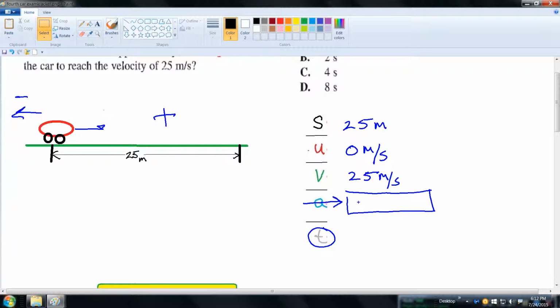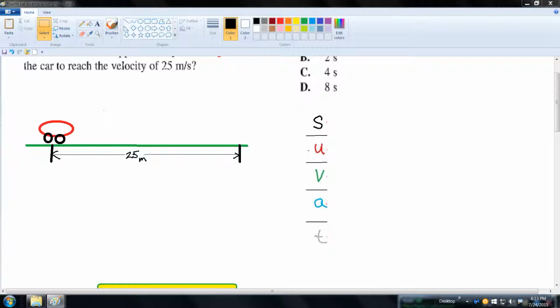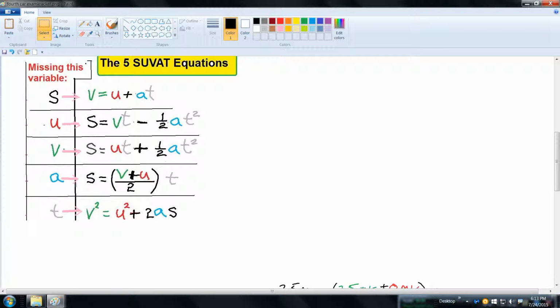In that case, it's going to be s, displacement, is equal to final velocity plus initial velocity divided by 2, so the average velocity, times time. So we're going to use that. As you can see here, we circled time, we drew a line through this. Notice that acceleration, we don't have information on acceleration.